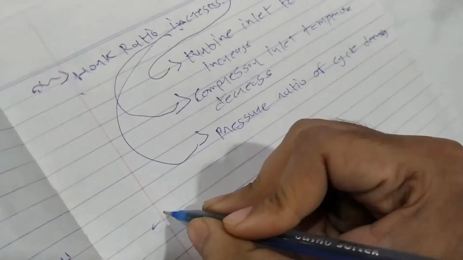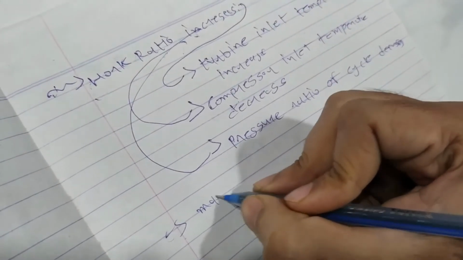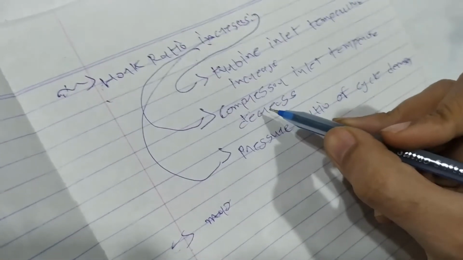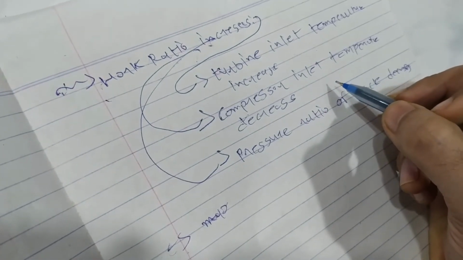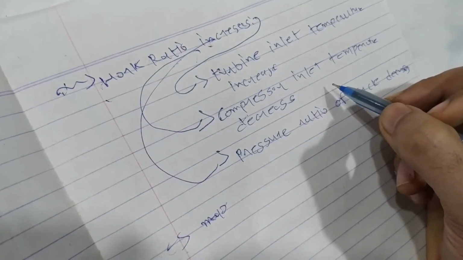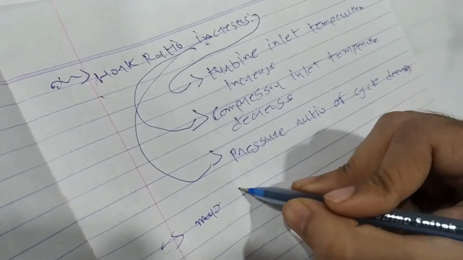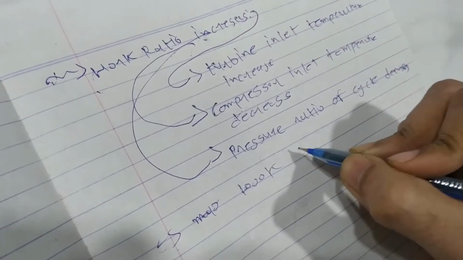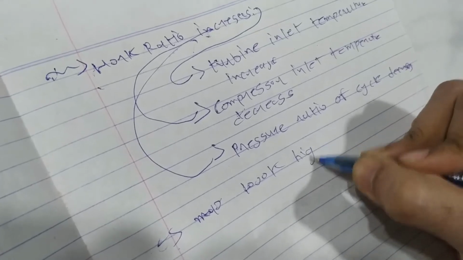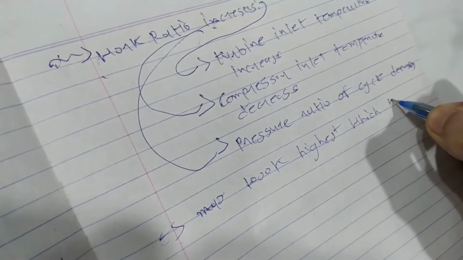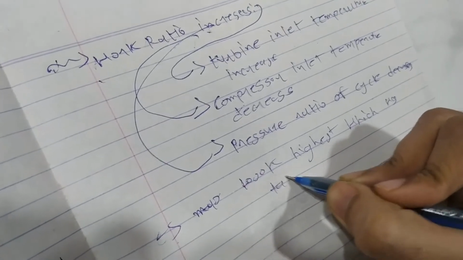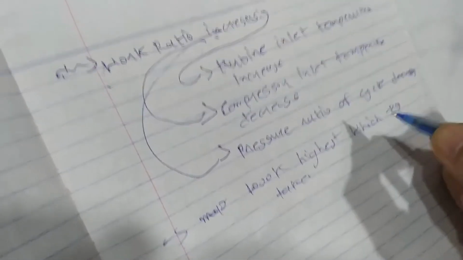And maximum inlet temperature, actually compressor inlet temperature is atmospheric temperature in case of open cycle gas turbine, and the turbine inlet limit is 1000 Kelvin. This is the highest temperature which was taken in the mechanical history.